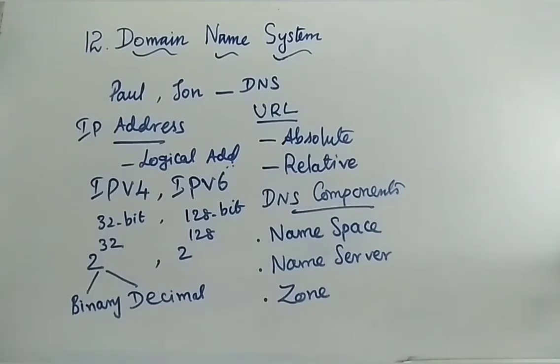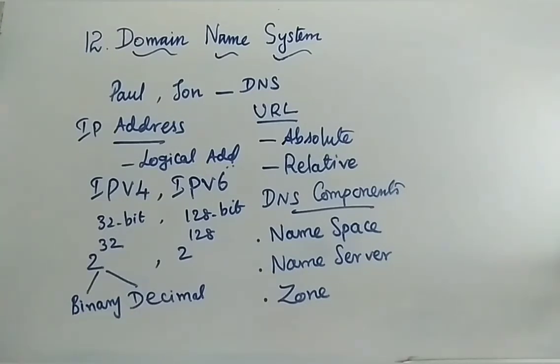It is a two character country code: IN represents India, US United States, FR France, UK United Kingdom, CA Canada. These are simple examples for country top level domain names. So these are the topics under namespace.